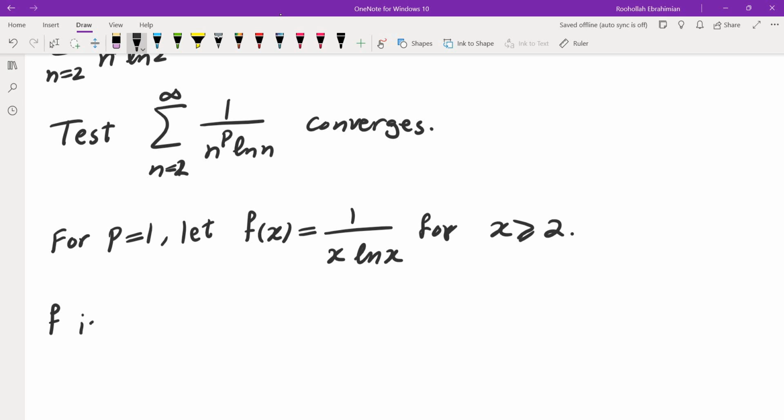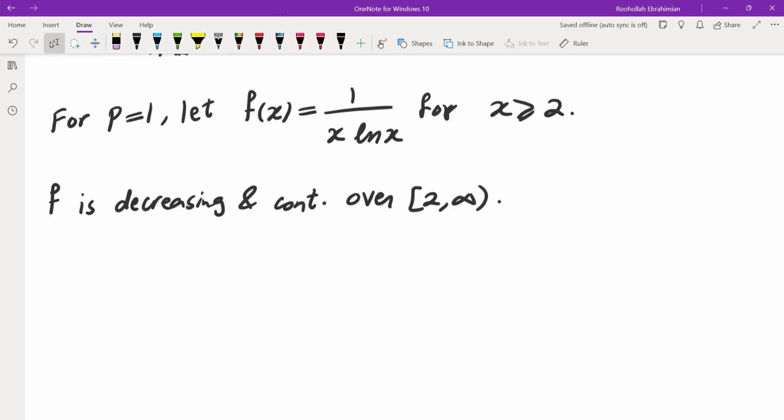Now, f is decreasing and continuous over the interval from 2 to infinity, because there is no 0 in the denominator. Natural log x and x are both continuous.